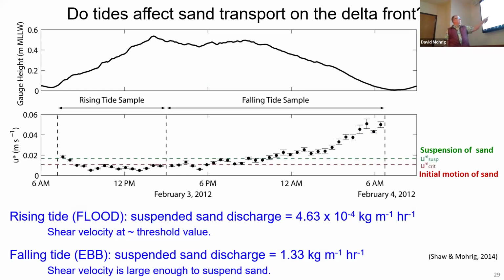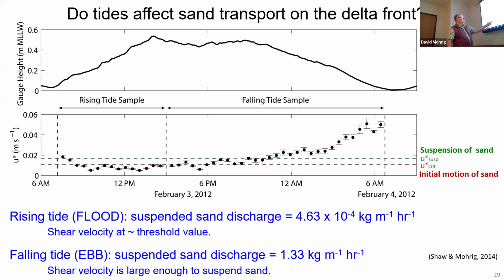Again, here is the water level gauge right here. And here is what we calculated and then measured down in here and then up in here, the suspended sediment moving. And during the rising tide, the value is 10 to the minus 4 kilograms per meter per hour, basically trace. It was just at the threshold of detection, but it was incredibly small.